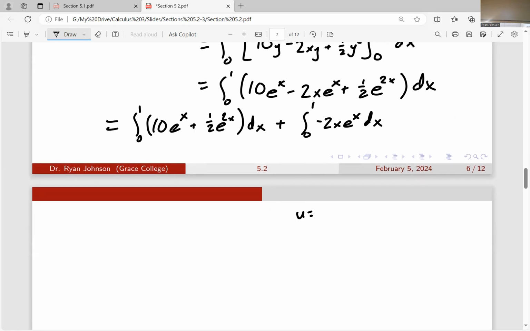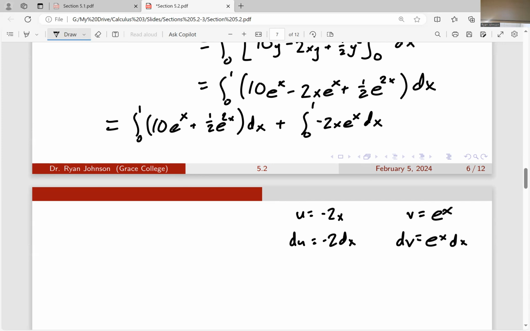So u equals negative 2x, du equals negative 2 dx, dv equals e to the x dx, and v equals e to the x.